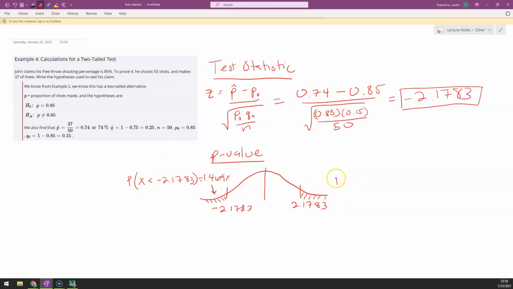As we said though, this was only one side of the equation, so how do we find both? We just double it. Our p-value will just be that number, and we're going to double it, so times 2.